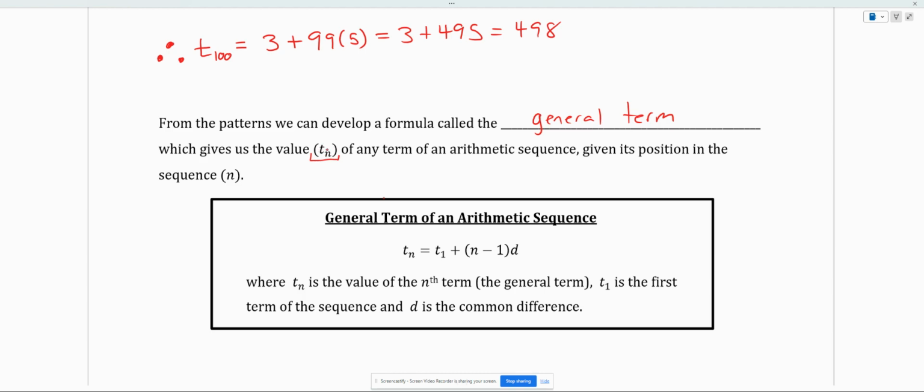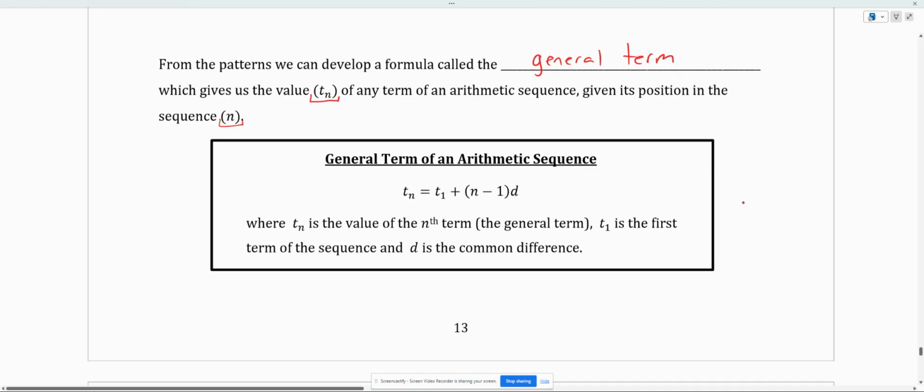I can choose any term in this arithmetic sequence, and that is being given to us by the position of that term, n. Okay, so here's what will be provided to you with tests. This is our general term for an arithmetic sequence. So Tn is equal to the first term, T1, plus in brackets, n minus 1, the number of terms subtract 1, times the common difference, which is what we saw up above.